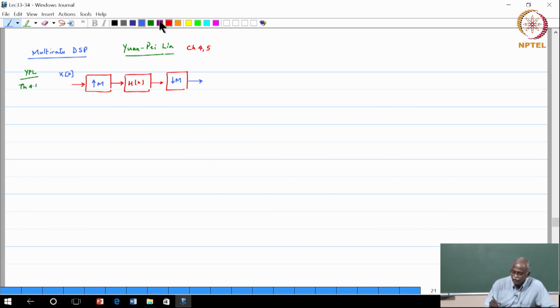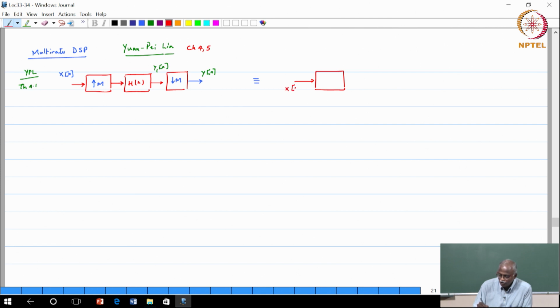If I call this y1 of n, and this y of n, we know that this structure is equivalent to the following. This is actually an LTI system. We have derived this result.